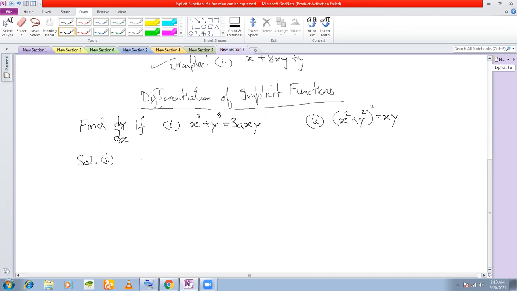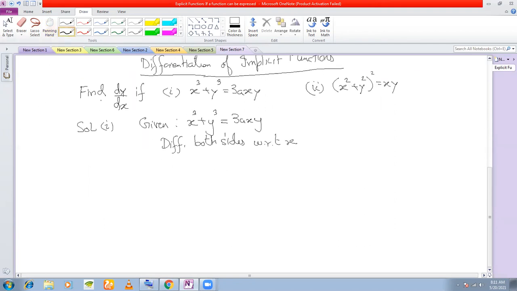So we start with the given function, x cube plus y cube is equal to 3axy. Now we differentiate both sides with respect to x.